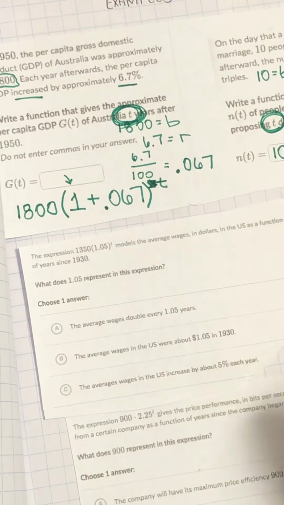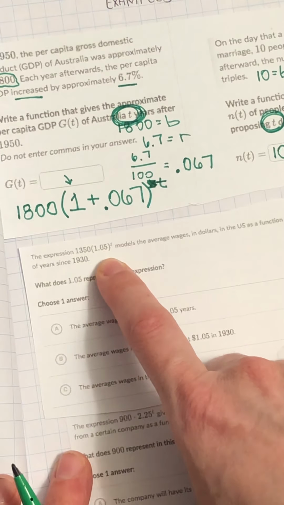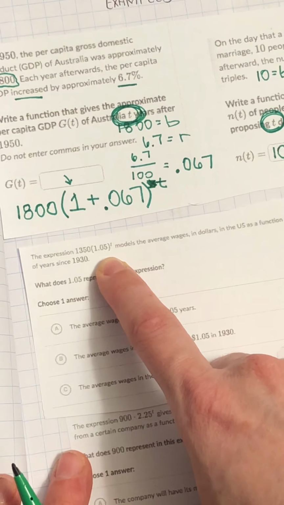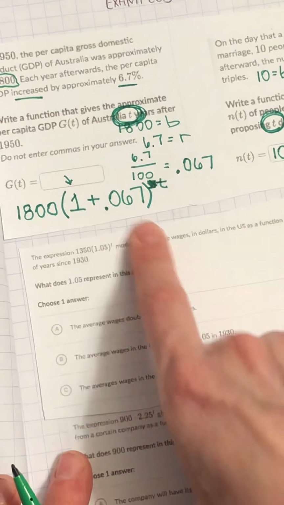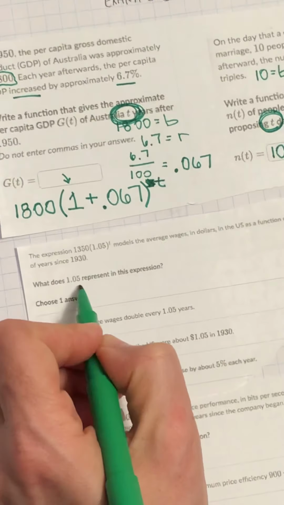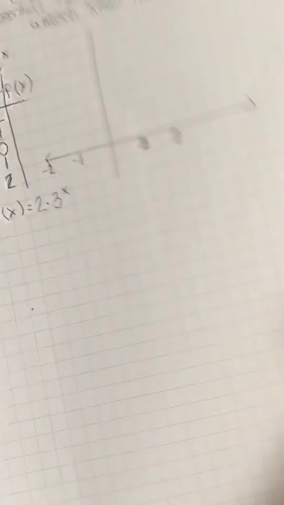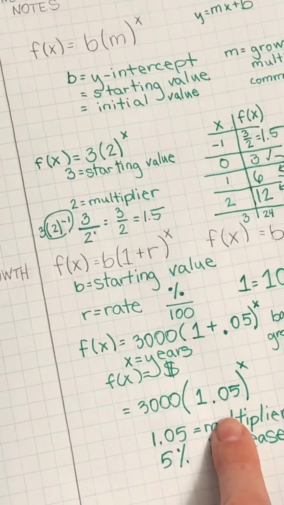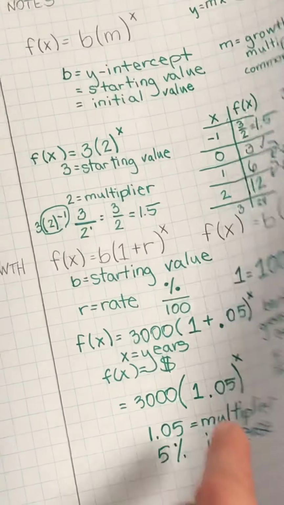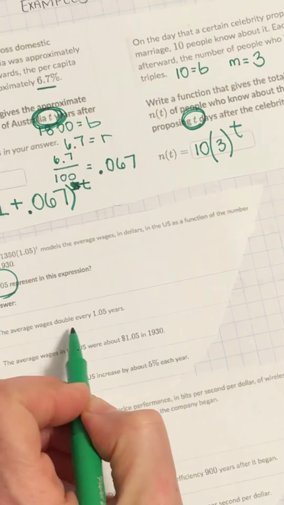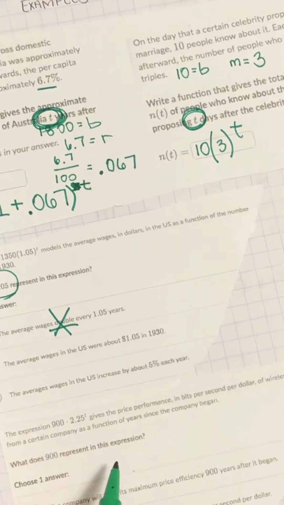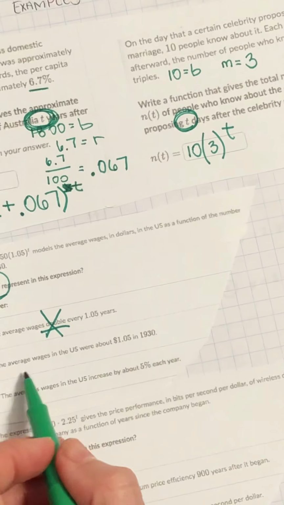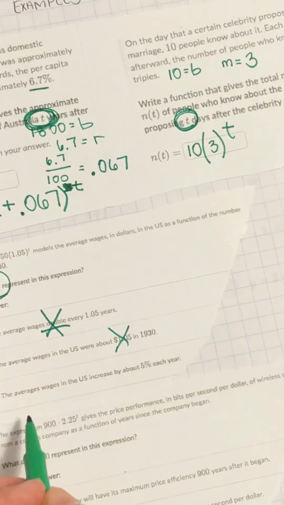Sorry. All right, so you'll see those, and then let's do these down here. Let me back this up. Okay, so this is the expression, and it models the US dollar. They're asking about this, and just like my notes, I think I did the same exact one. So that's going to be called the multiplier. Doubled? No, we don't see anything about doubling. There's no rule about doubling. The average wage, nope.